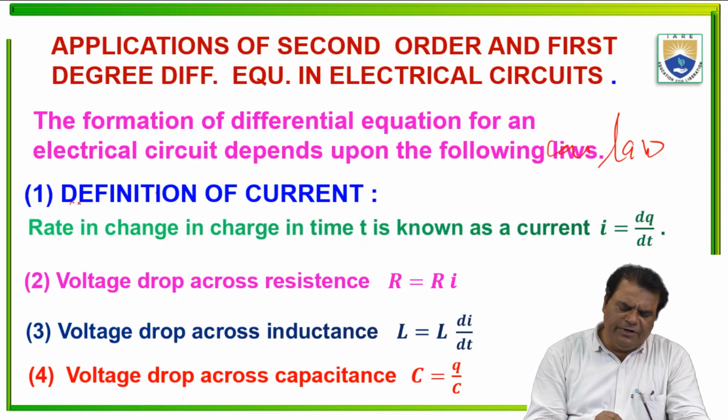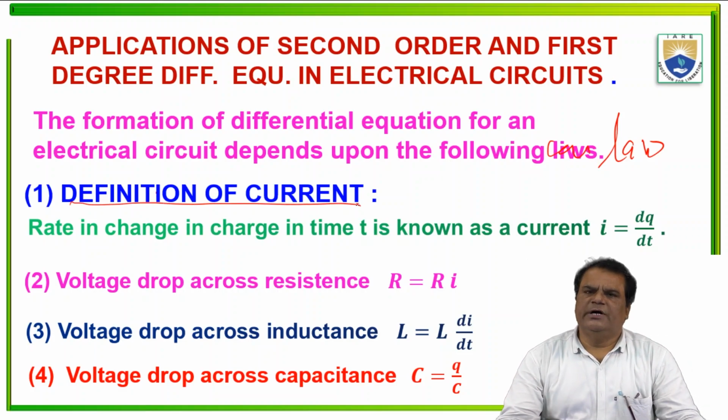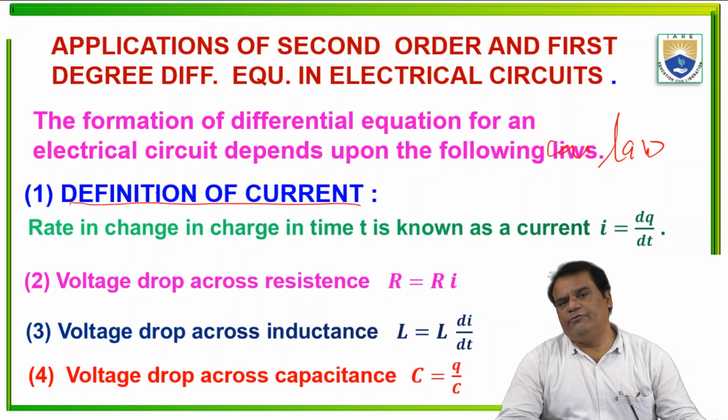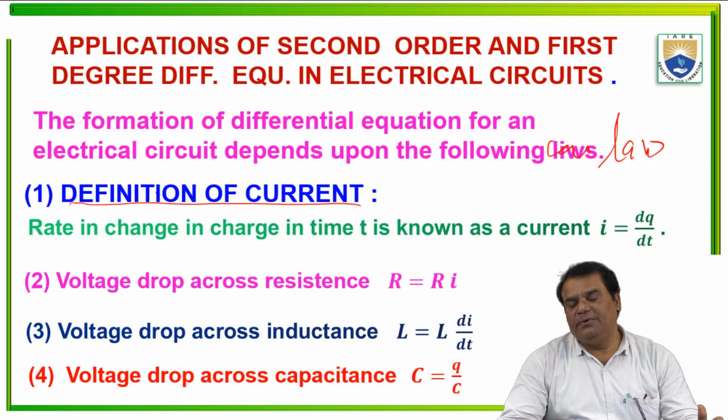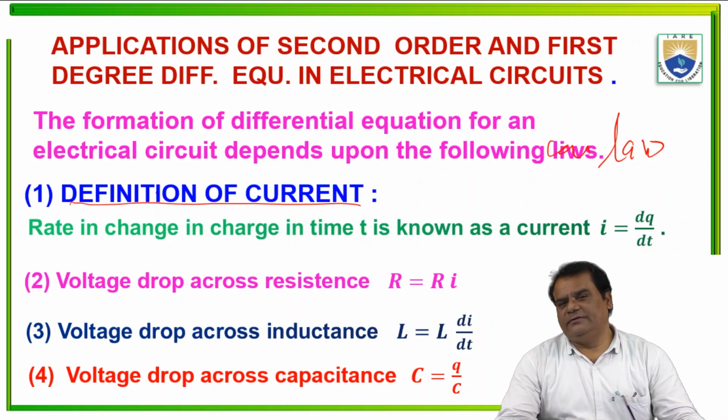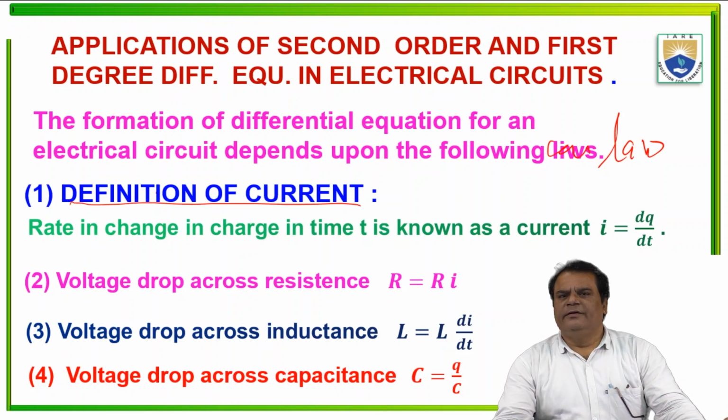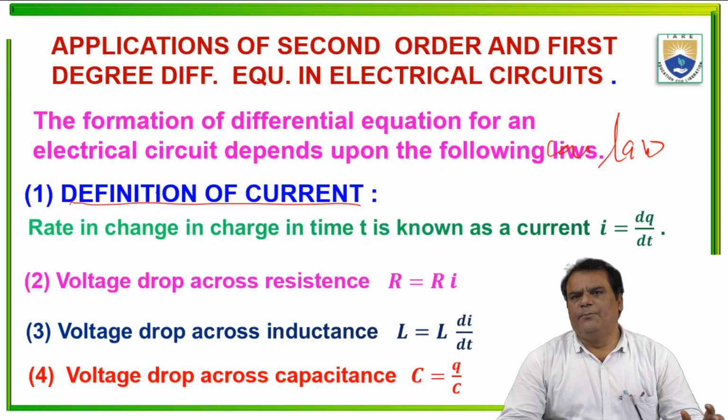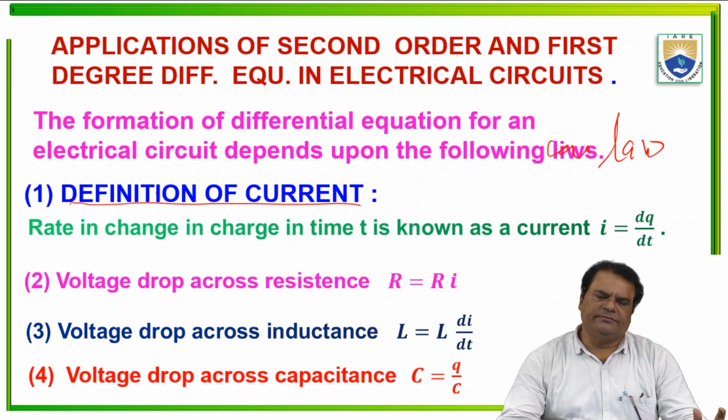Number one, definition of current. What is current? Every person knows about current. Basically this is a very important component of the circuit.